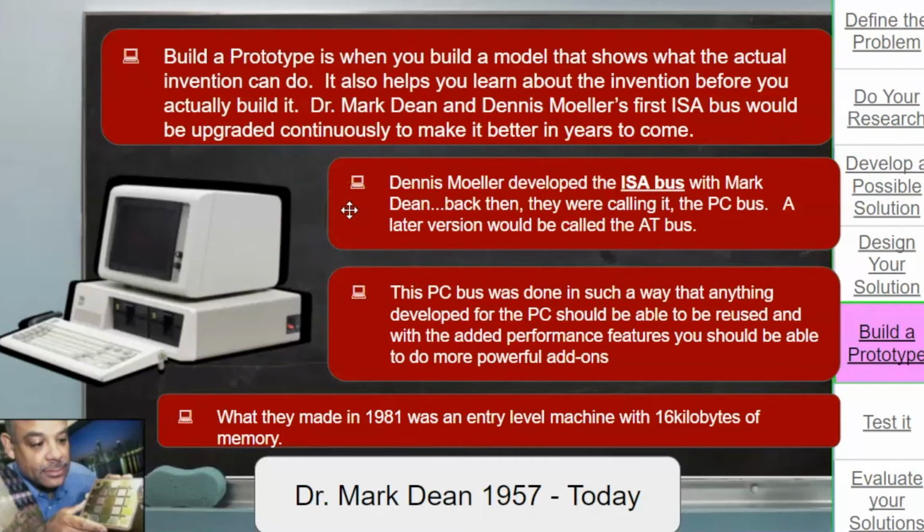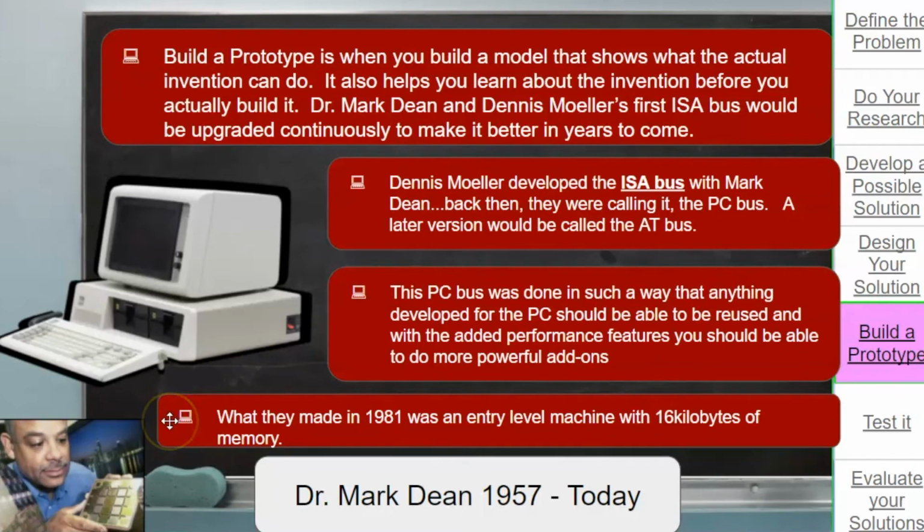Back then, they were calling it the PC bus. A later version would be called the AT bus, and then still later, the ISA bus. This PC bus was done in such a way that anything developed for the PC should be able to be reused, and with the added performance features, you should be able to do more powerful add-ons.